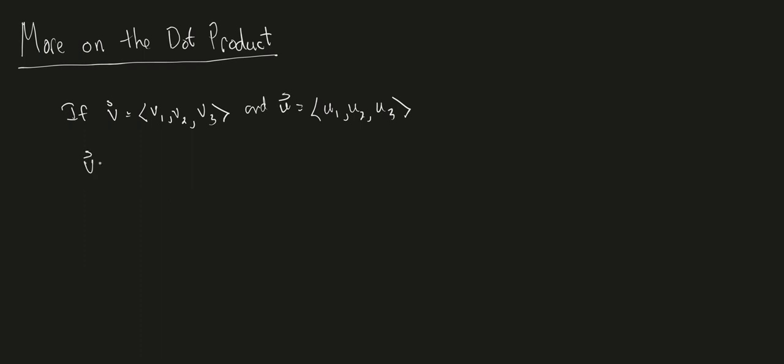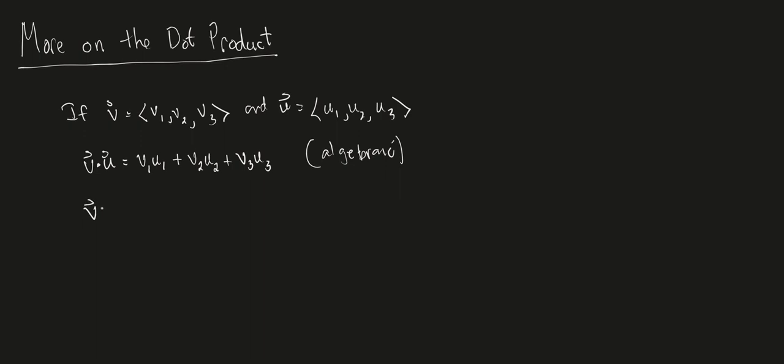Then the dot product of U and V can be found algebraically by doing this calculation, multiplying the corresponding components. So V1 times U1 plus V2 times U2 plus V3 times U3. And this is the algebraic way, right? And obviously a pretty straightforward calculation once you have the vectors in component form.